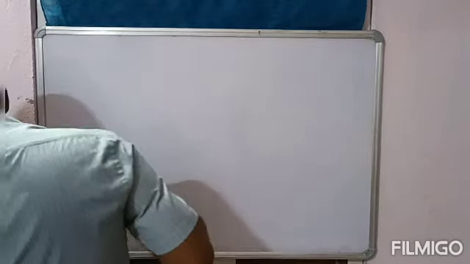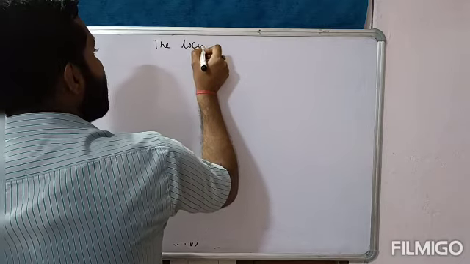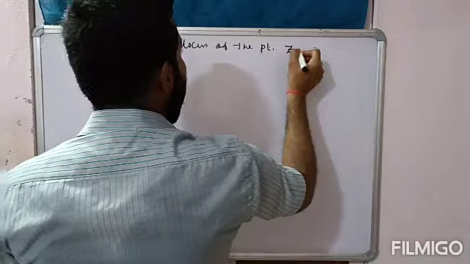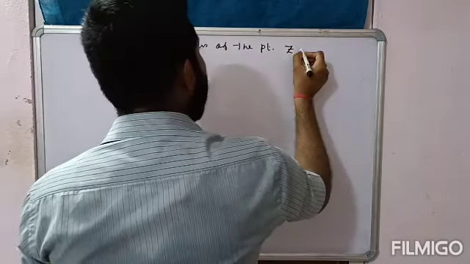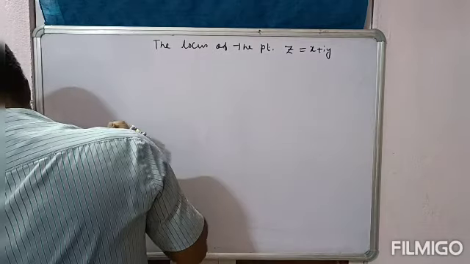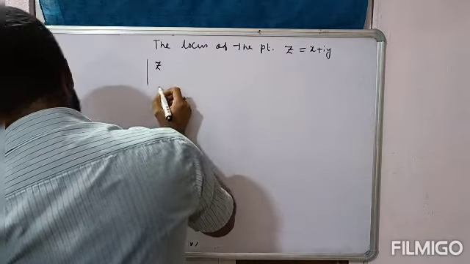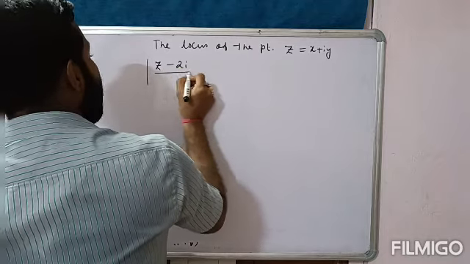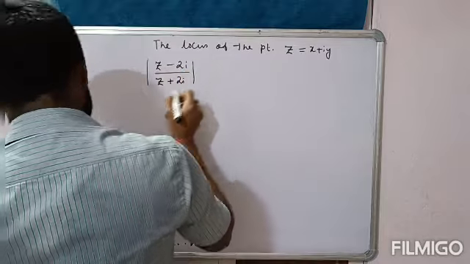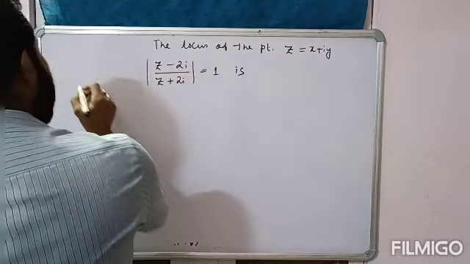The locus of the point. The question is: the locus of the point z equal to x plus iy, satisfying modulus (z minus 2i) divided by (z plus 2i) is equal to 1 is, look at the options.